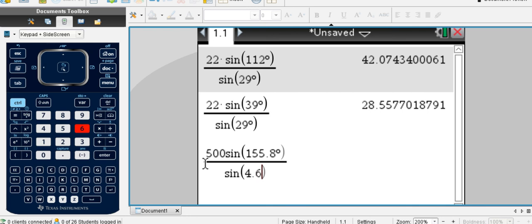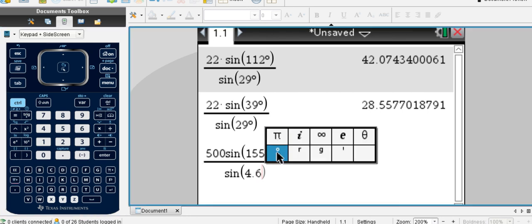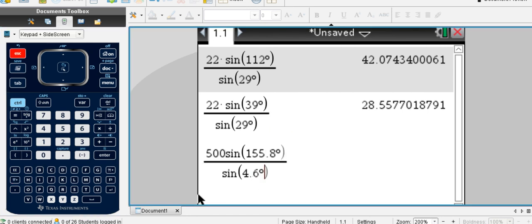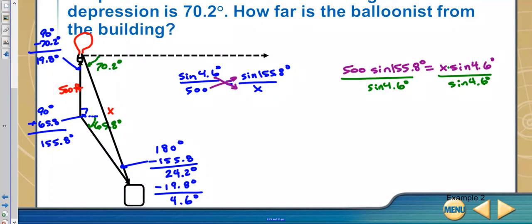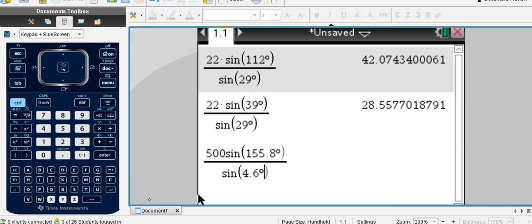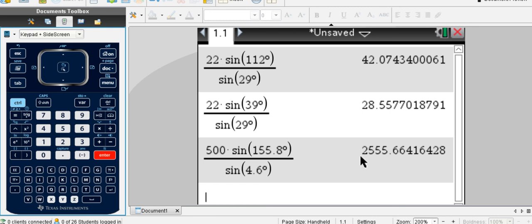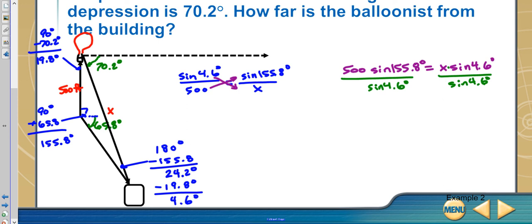I'm going to check that one more time to make sure I'm accurate. Sine of, I'm sorry, yeah, 4.6. So we type that in, we press enter, and there's our answer, 2,555.6641. So I'm going to write this down as x would equal 2,555.66 feet.